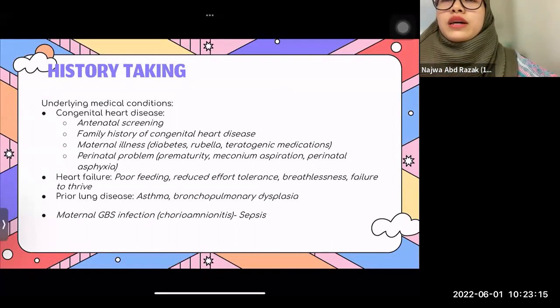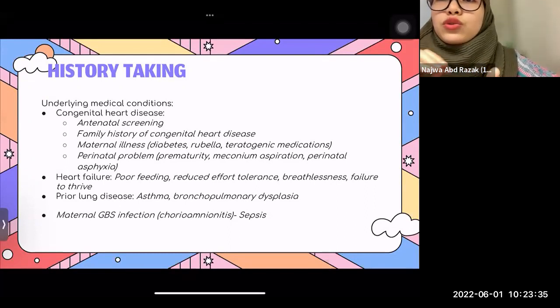Another one, in birth history, we should ask for perinatal problems. Is the baby a premature baby, or are there any eventful conditions such as meconium aspiration, asphyxia.